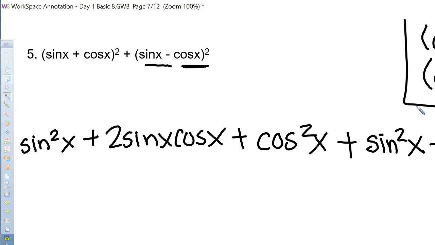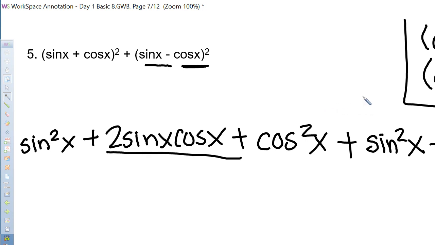Now the instruction says to get your answer to a single term. Is that a single term? No, so we need to do a little bit of combining like terms. What like terms would you like to combine first? I don't want to do that, and I'll show you why in just a second. Now here, Rita did say 2 sine x, cosine x, and this one over here makes what? 0.